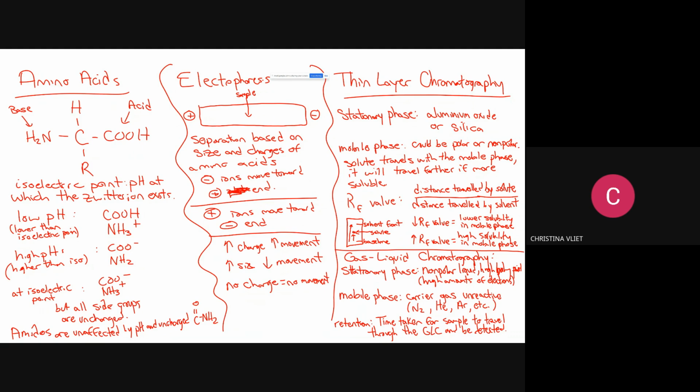There's one more formula for GLC that I have space on this paper, but apparently not here. The formula for GLC is, they may ask you for the percentage of a substance in a mixture.